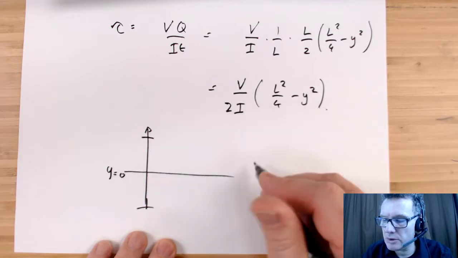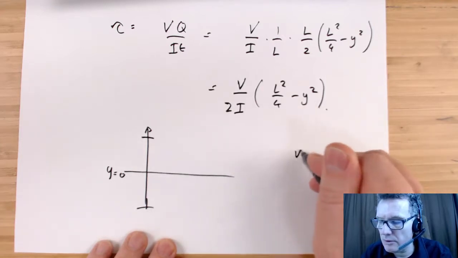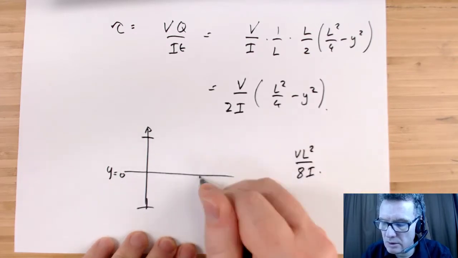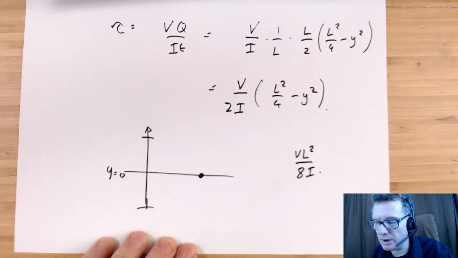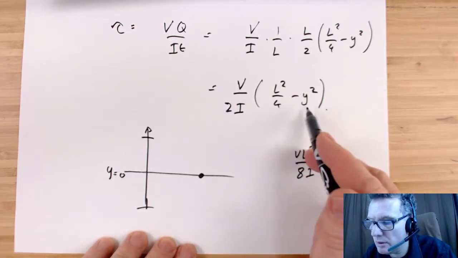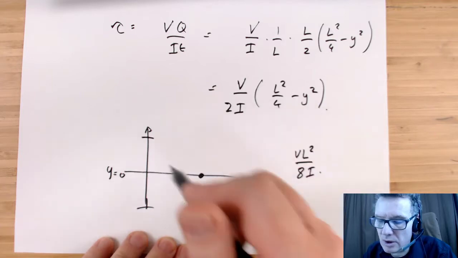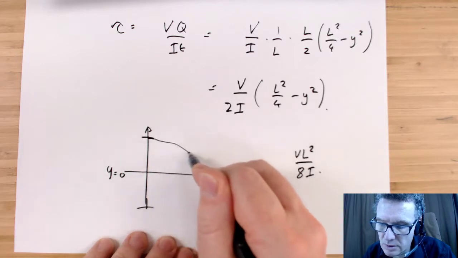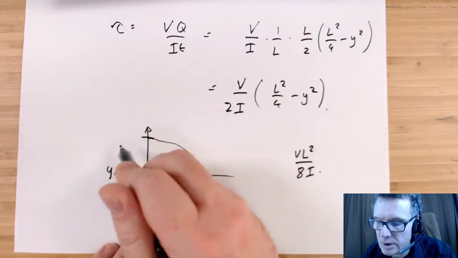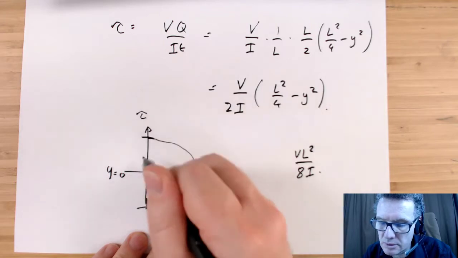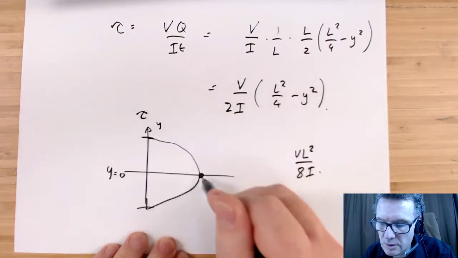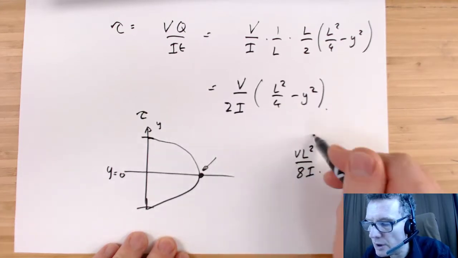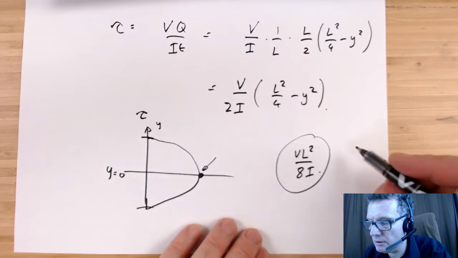That's going to give me a value of V L squared over 8 I. Okay, so that would be that value there. And when y equals L over 2, it will go down to 0. So we end up with a parabola result with respect to y. We get maximum shear occurring in the middle. The maximum shear is this value.